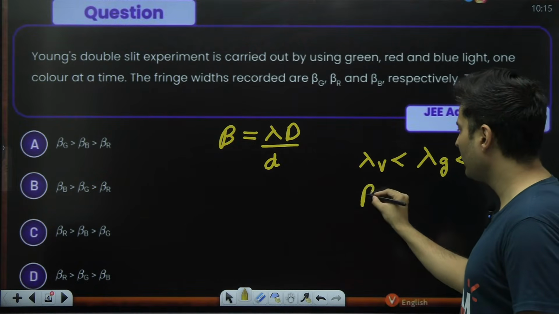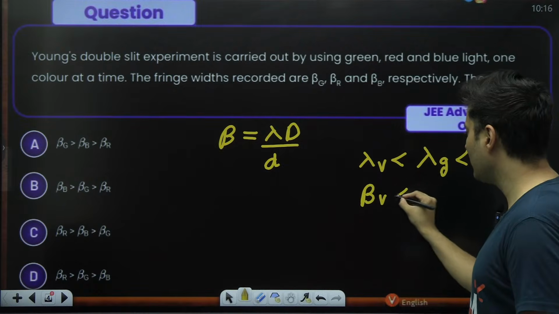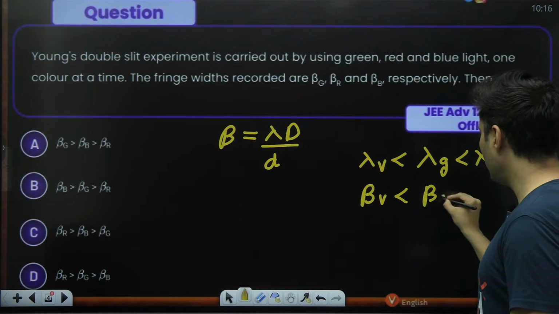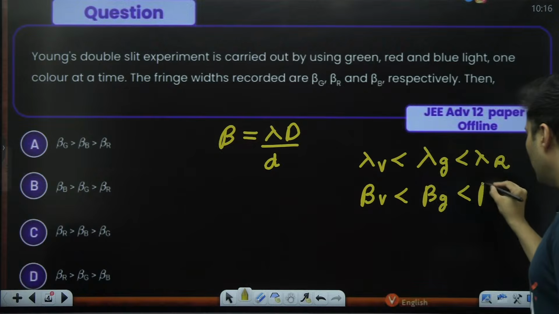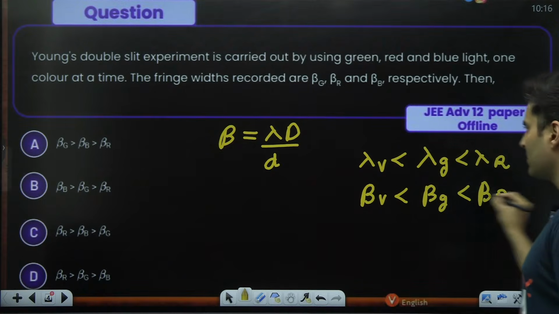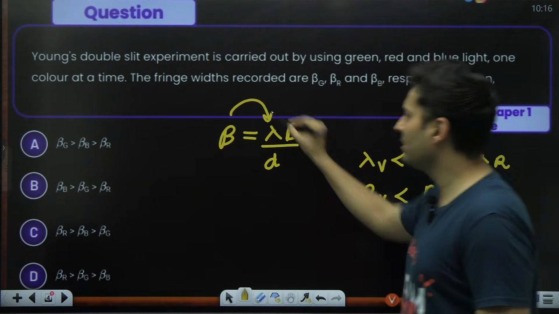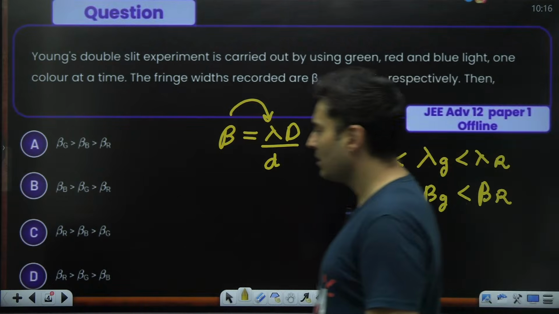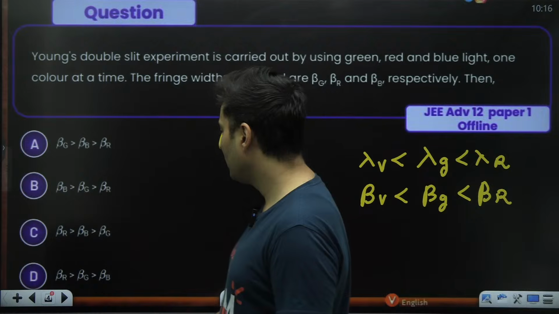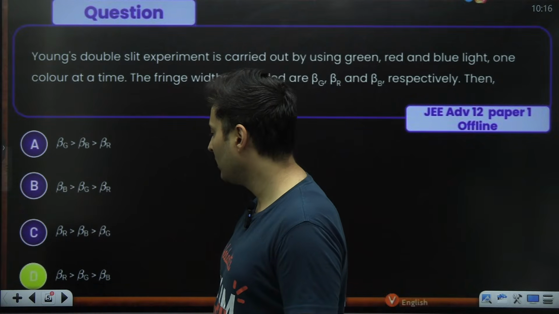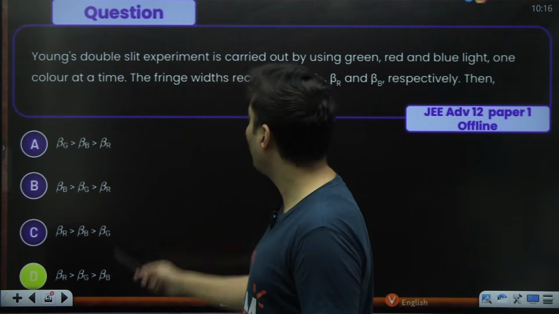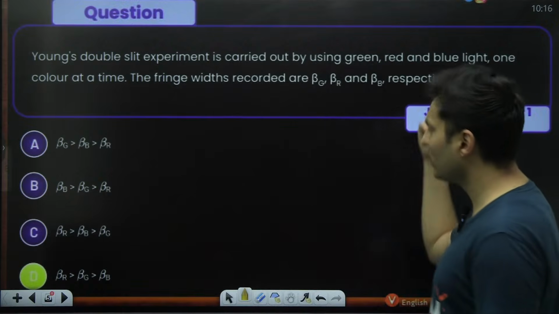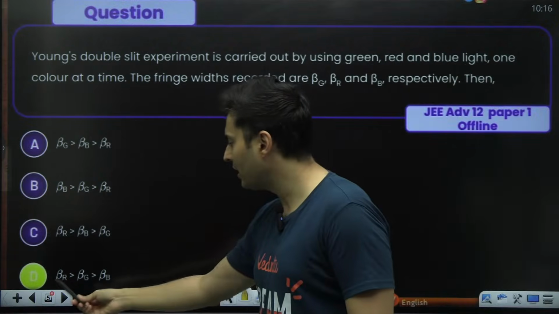So same way, beta for violet will be the least as compared to beta for green, and beta for red will be the highest, because you can see fringe width is directly proportional to lambda. Beta of violet, or blue, whatever is used, will be the least, then green, and then red.